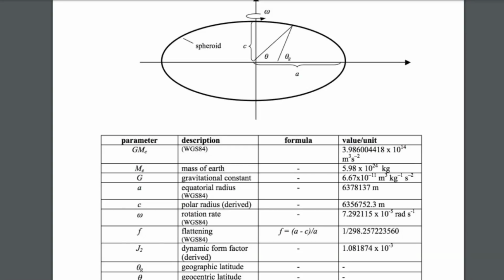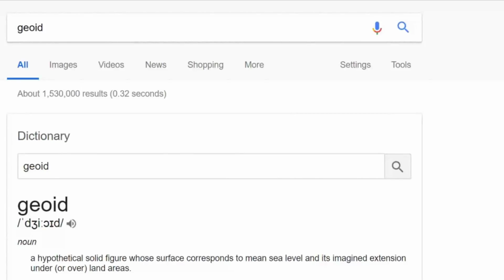And whilst we're here, I just want to ask the question that I'm sure a lot of people are thinking of. What is a geoid? Yeah, that's a good question. I'm pretty sure you can dig out a definition, Wikipedia or dictionary. Here we go. Right, on screen, I've got this word geoid. It claims to be a hypothetical solid figure. Okay, so that means it doesn't actually exist. It's hypothetical.